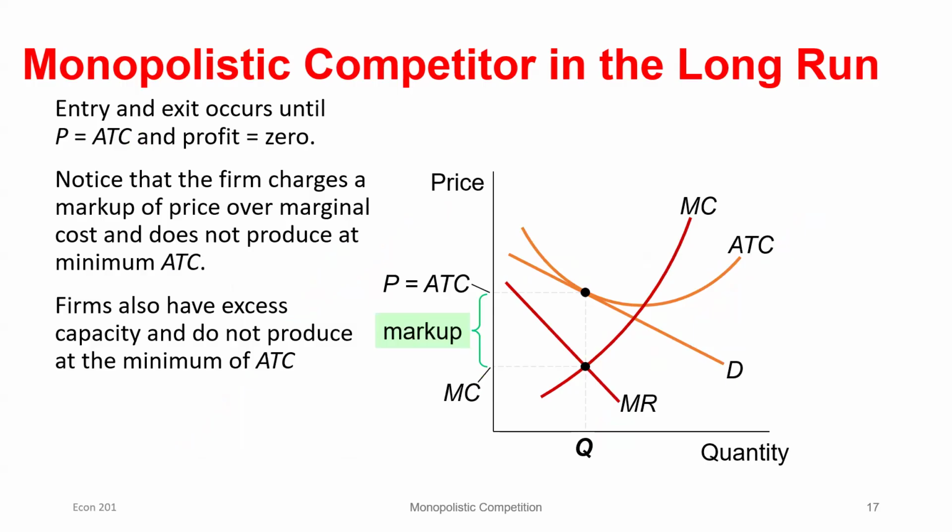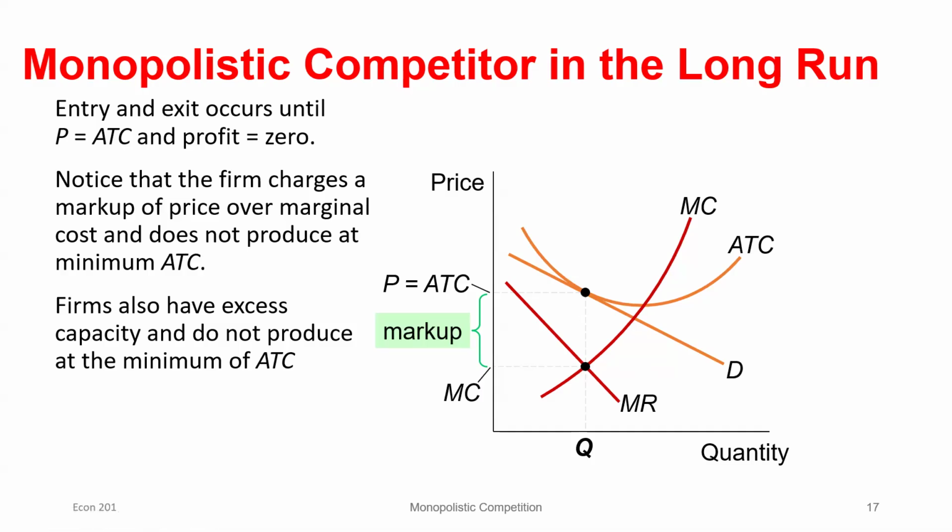Even when long run profits are 0, I still have a markup. Price is not exactly equal to marginal cost with monopolistic competitive firms. We said for a perfectly competitive firm the markup was 0; price is exactly equal to marginal cost. So I'm going to have some inefficiencies because these firms have a markup even when price is equal to average total cost and profits are 0.